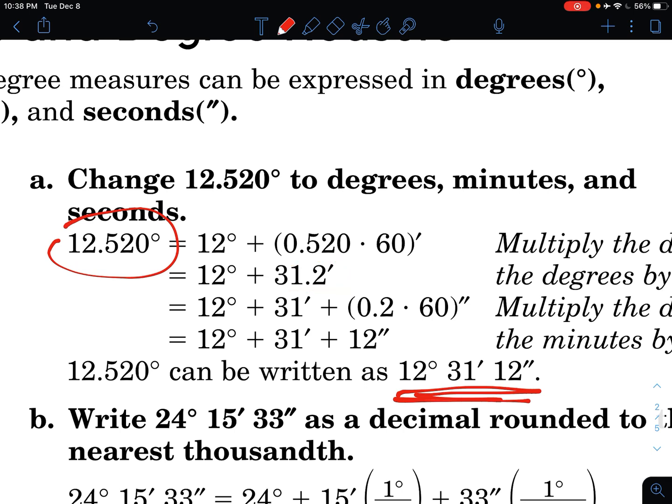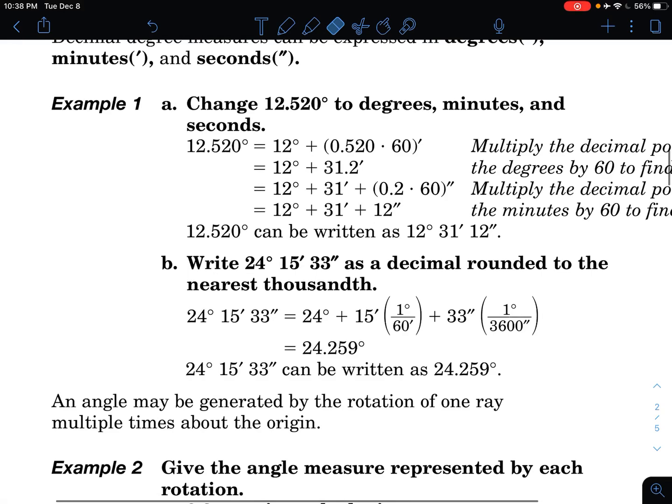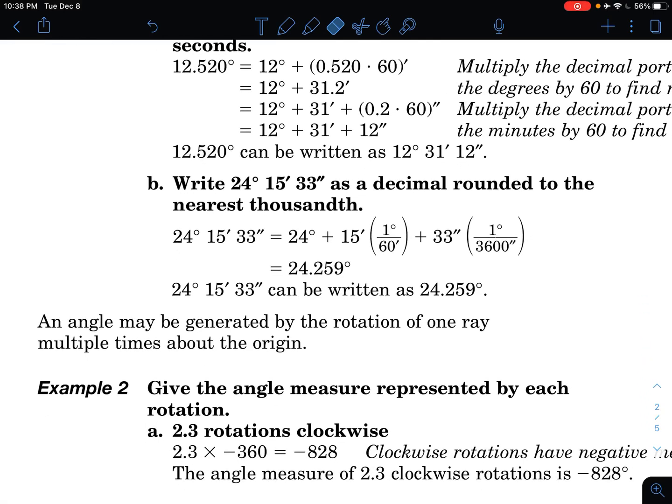We get rid of that 0.2, multiply that by 60, and that gives us the number of seconds, 12 seconds. So that'll give us 12 degrees, 31 minutes, and 12 seconds, which you can then write all together without the pluses. Alright, so make sure you remember that. Maybe practice a few of those.